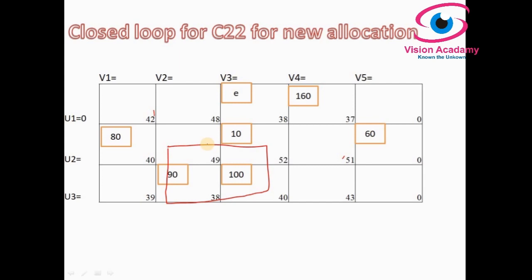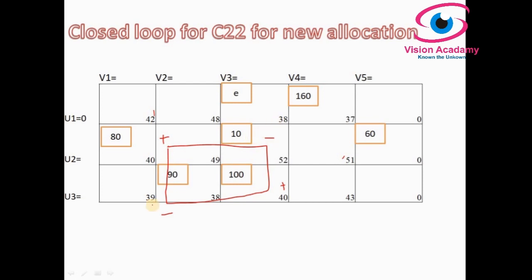So this is a closed loop for the C22 value. Now as I said, we should give plus and minus signs. We begin with a plus sign: plus, minus, plus and minus.